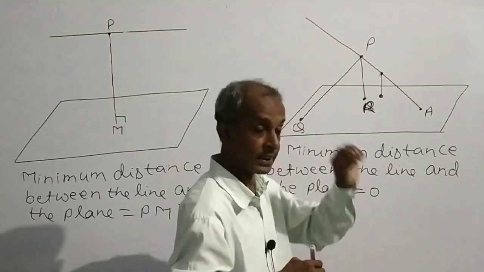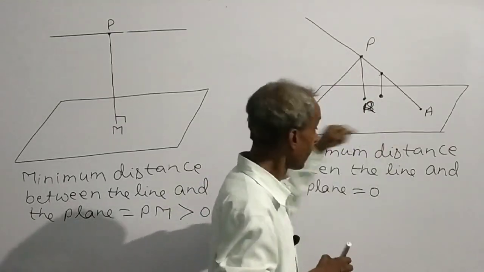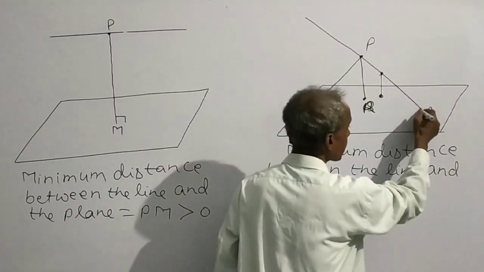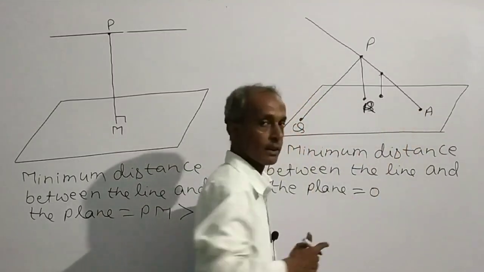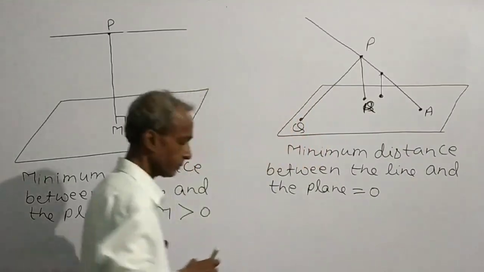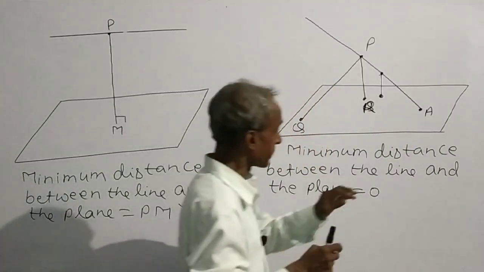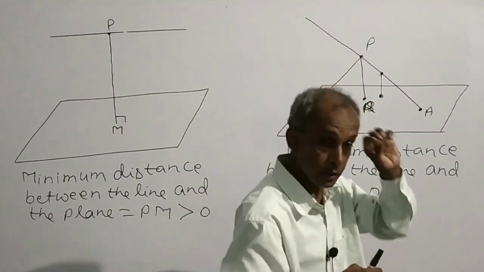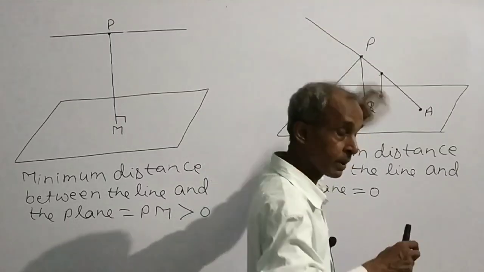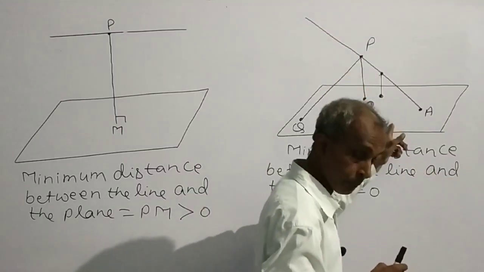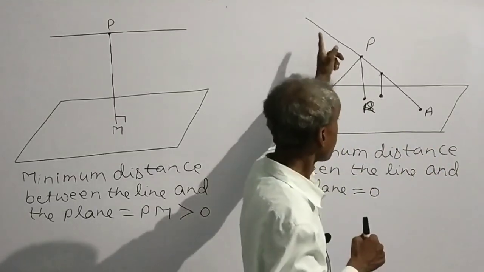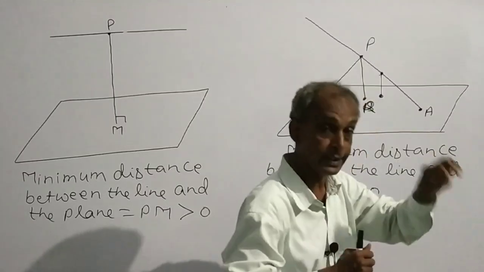The smallest distance between a point on this line and a point on this plane will be 0, and that distance will be here where this line intersects this plane. That means the minimum distance between any line and a plane will always be 0 if the line intersects the plane at some point.